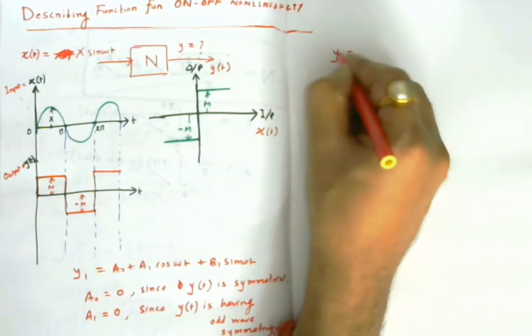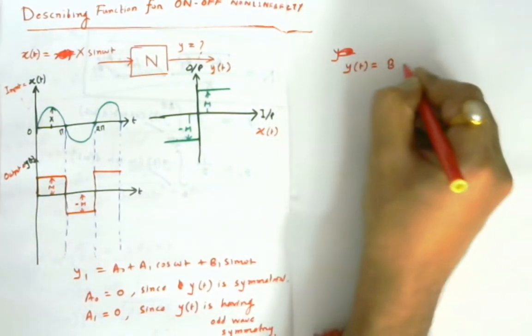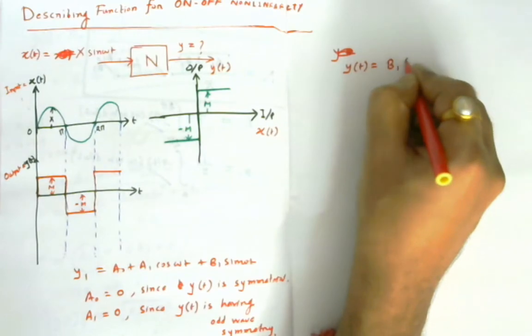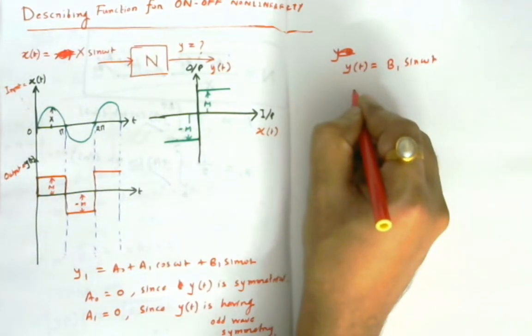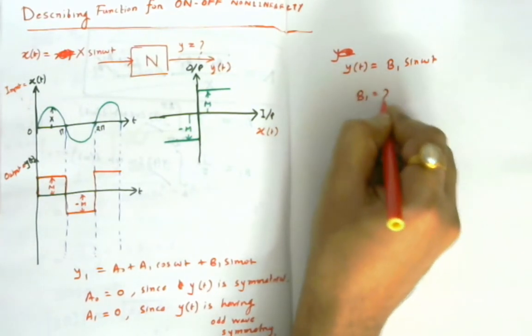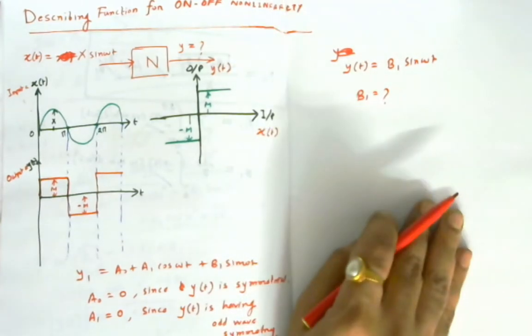So yt is left as only b1 sin omega t, and only the value of b1 has to be found. It's not required to find a1 in this case, and that's the advantage of a symmetrical waveform.